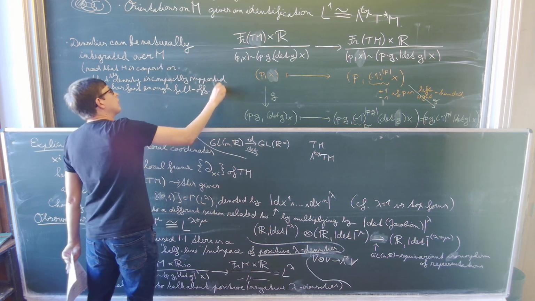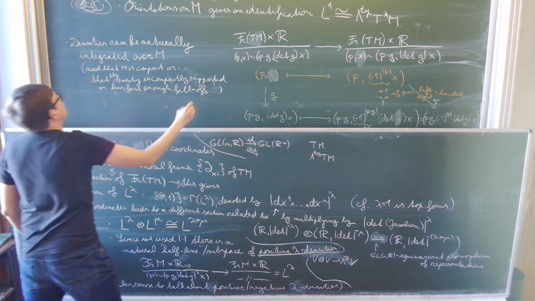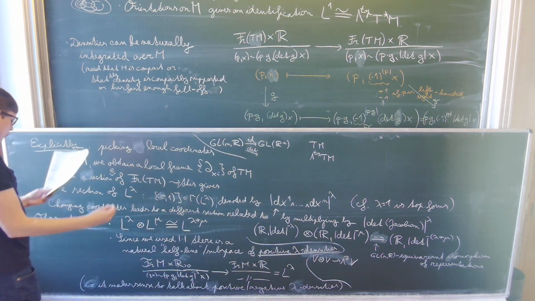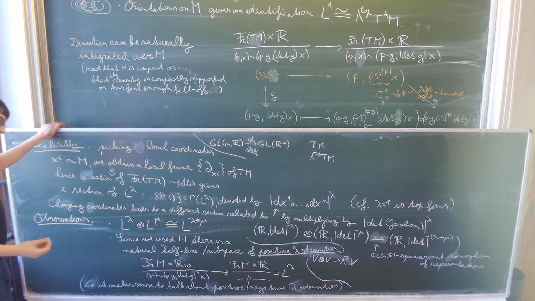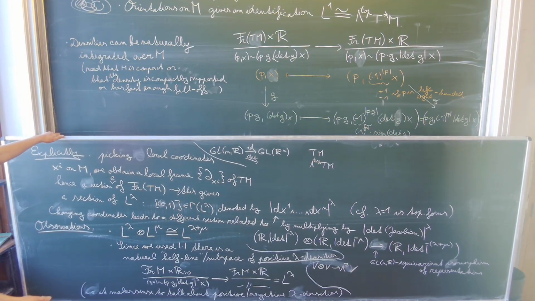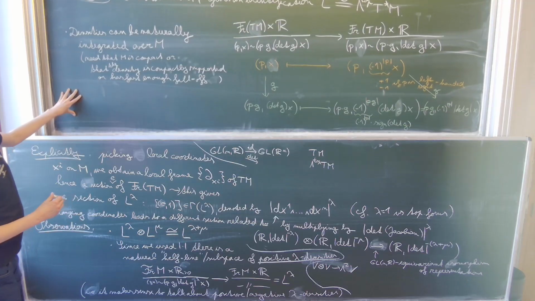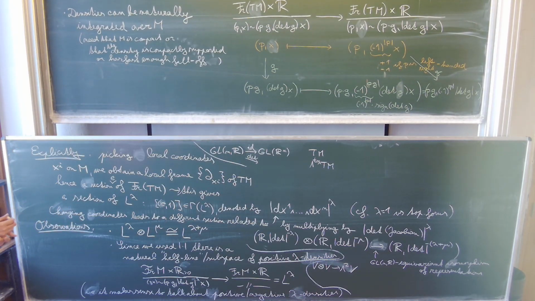Okay, whatever. So how do you do this, and why does this work? Do we need M oriented for this? No, that's the point. You don't. Thank you for pointing that out.